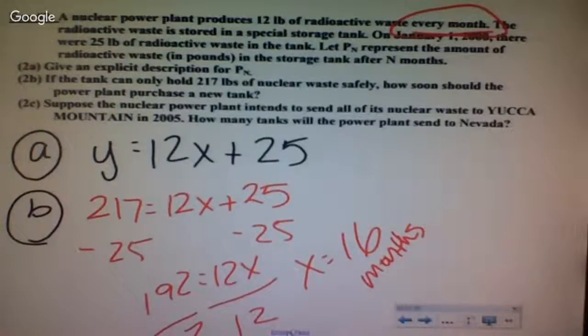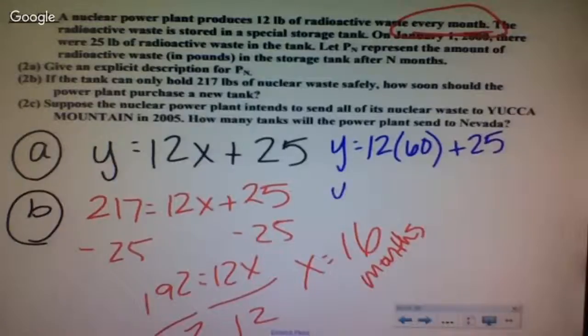So 5 years is how many months? 60. So I need to plug in 60 instead of 5. That will be your biggest downfall, not paying attention to the units. 745 pounds of waste.